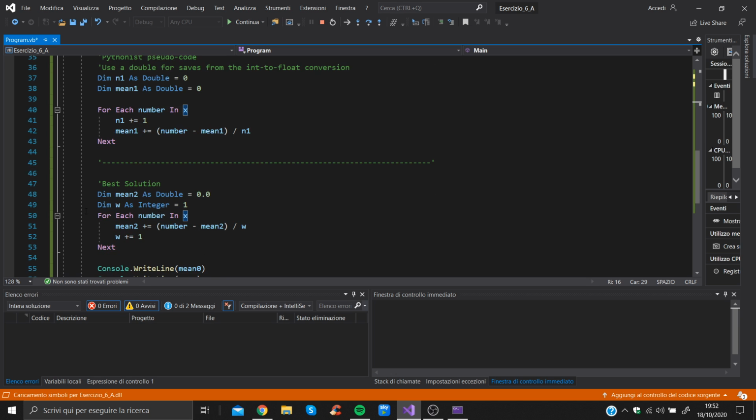Basically they are the same code, but the difference is that the count here is considered as a double, and the order in which we do the computation differs. Here the count starts from 1 and then increases. Here we have the opposite: we start with the count at 0, and then we increase. So basically this is the same.